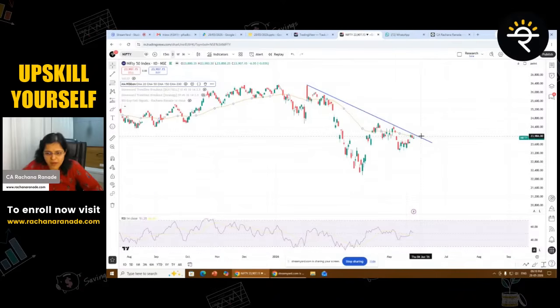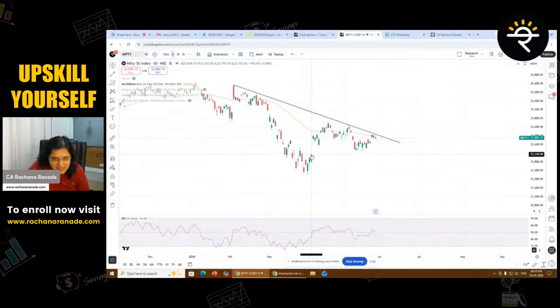Okay. What about a support? If the market were to actually come back, or if it were to cool off a little bit from here, then I can see this level. Just mark this. This is a gap which still has not been filled, and you can very clearly see that this is the level of 23,150 roughly.